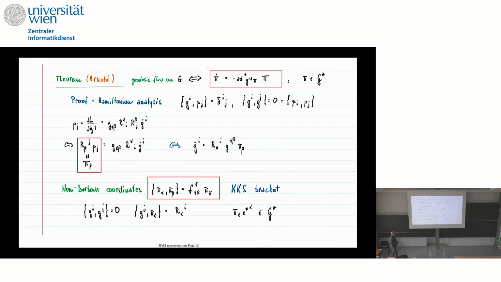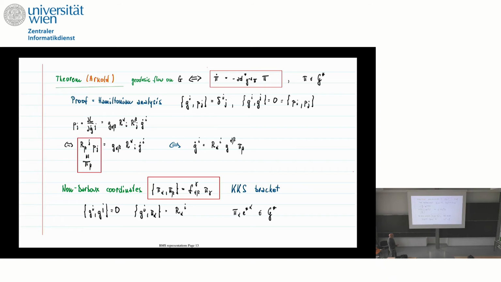And so what this means is that sometimes, from the point of view of group theory, for once it's better not to work with Darboux coordinates, but to work with these dressed momenta. So you have non-Darboux coordinates. Of course, the Poisson brackets of these momenta with themselves is what we already know from before.